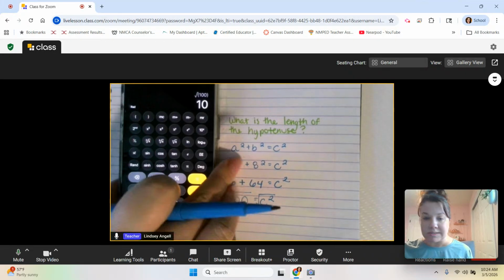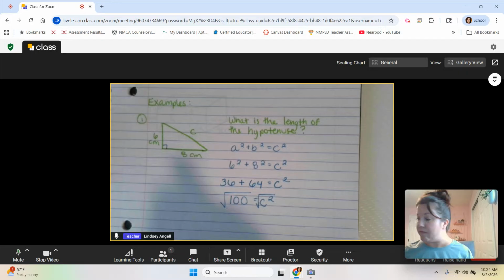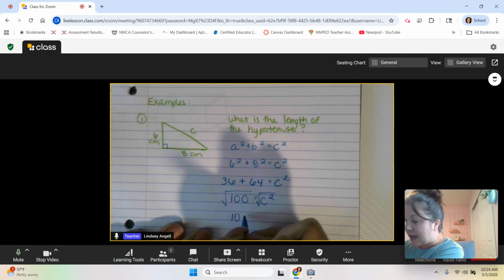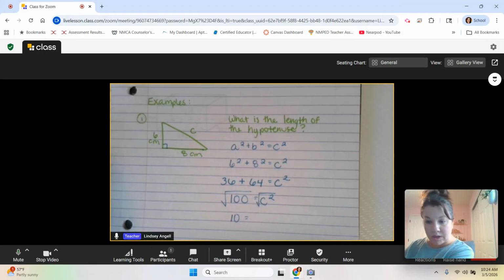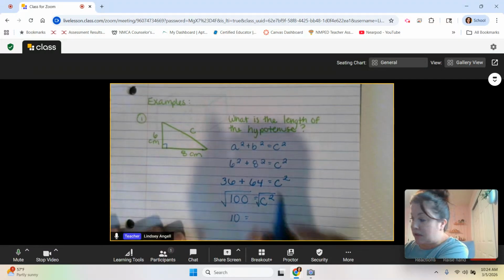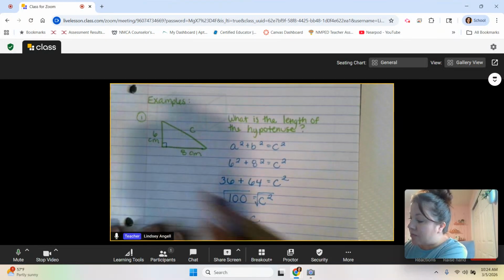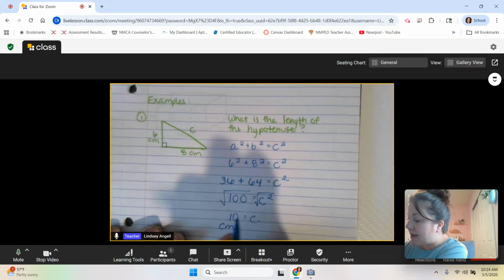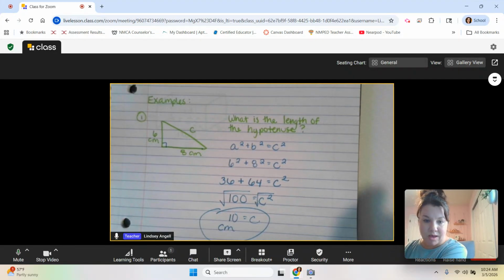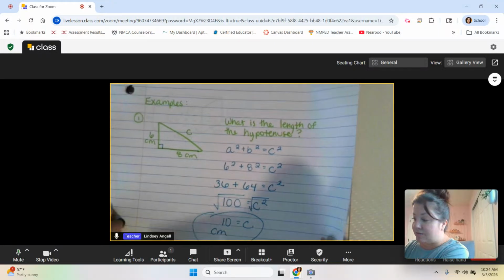And hit equals, and that's 10. So the square root of 100 is 10, because when you square 10 times 10, it equals 100, okay? So the length of c would be 10. We were talking about centimeters, so we'll add that in there as well. And that would be your final answer.